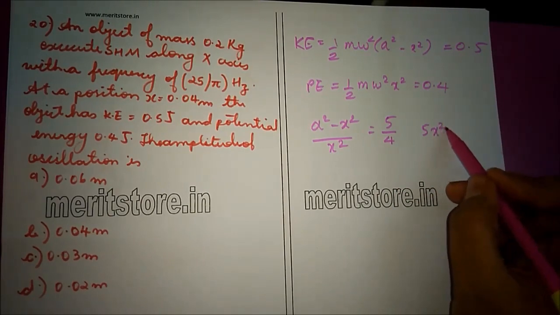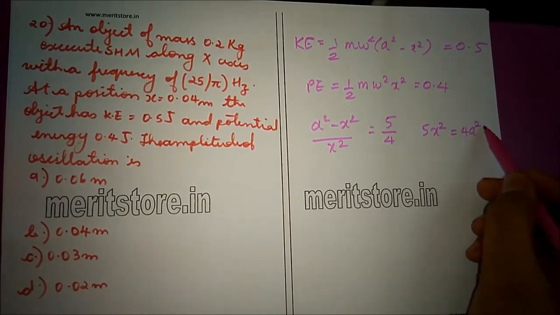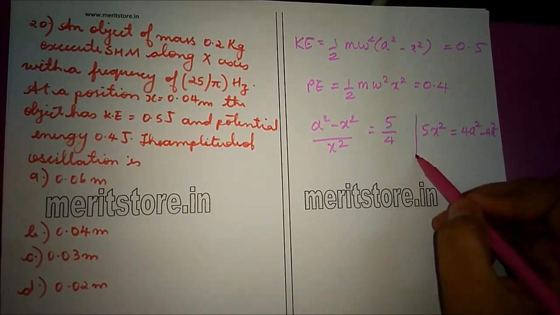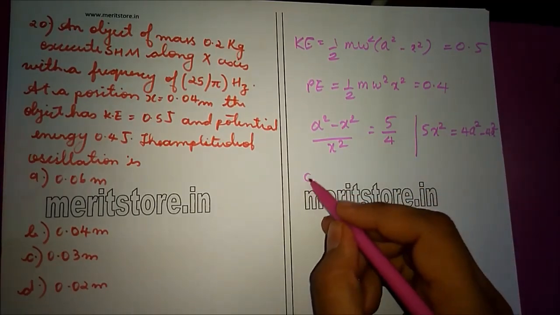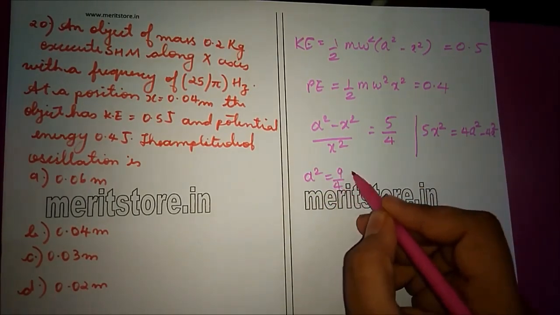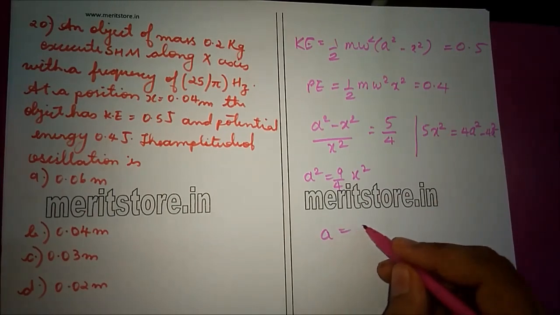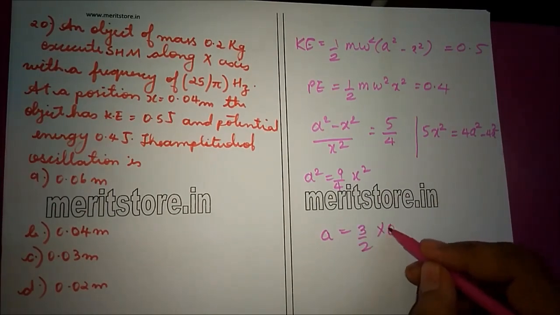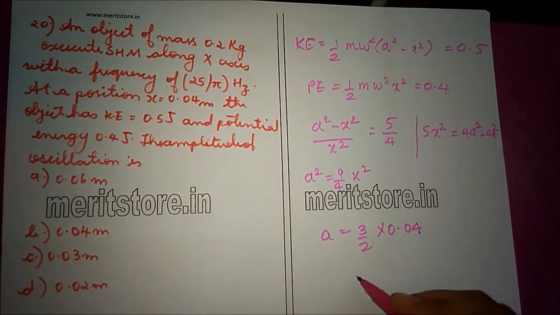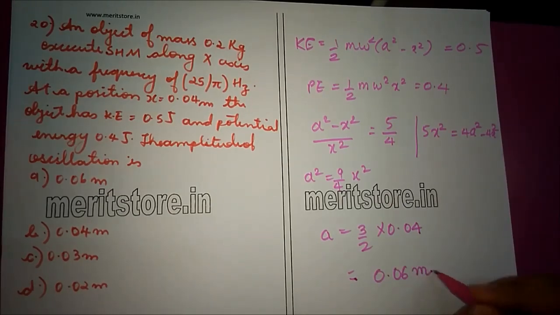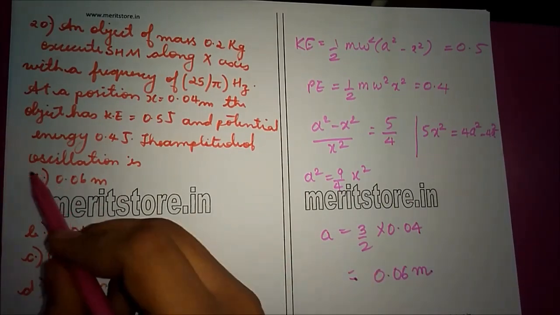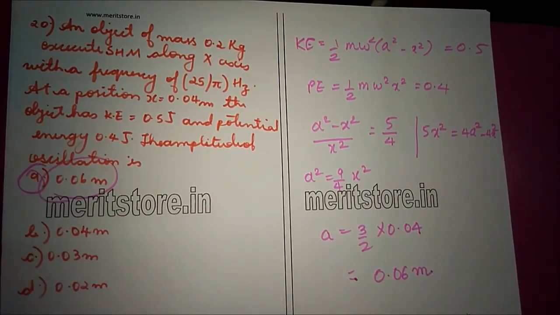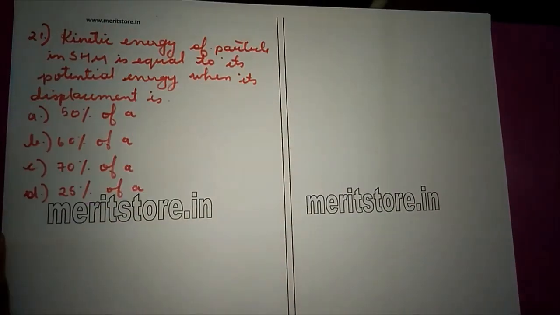So 5x square is equal to 4a square minus 4x square. A square is equal to 9 by 4 x square. A is equal to 3 by 2 into 0.04, which gives us 0.06 meter. So option A, 0.06 meter, is the correct answer.